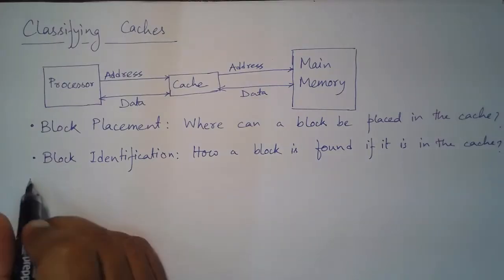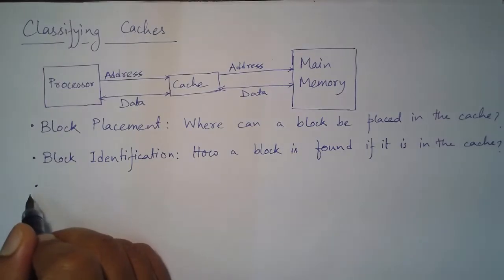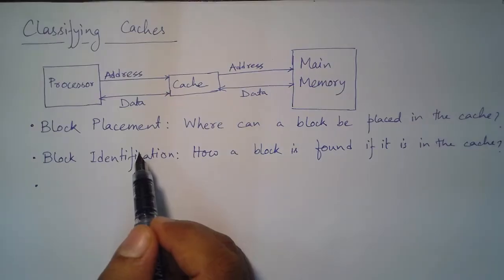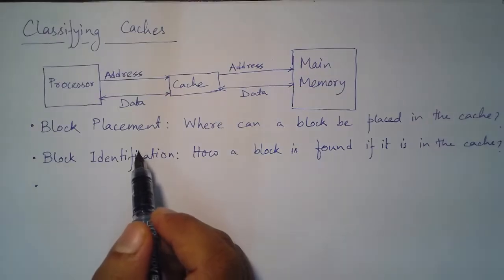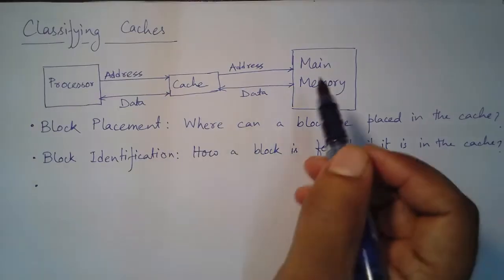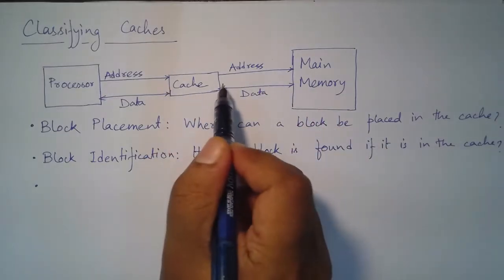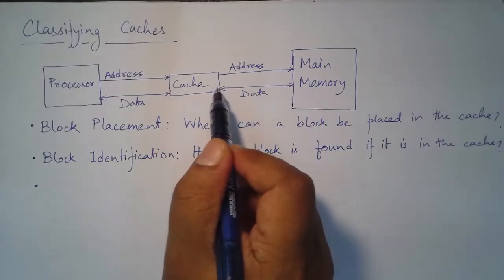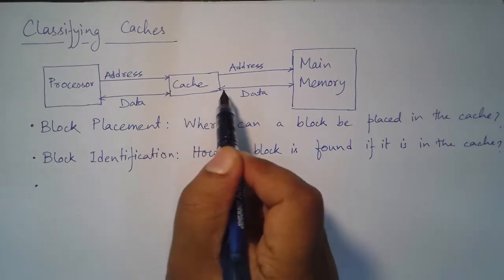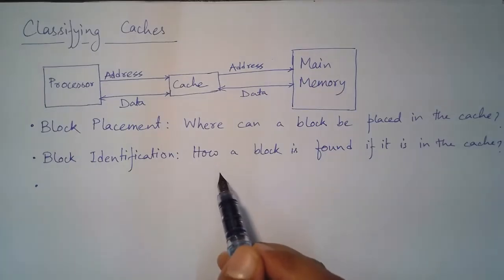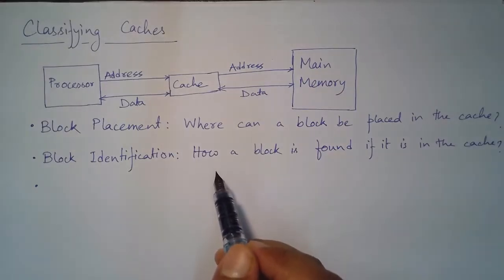The next thing is block replacement. One is block placement, and the next thing we will be talking about is block replacement. Let's say you want to bring in some new block, but the cache already has some block where your new block is supposed to go.